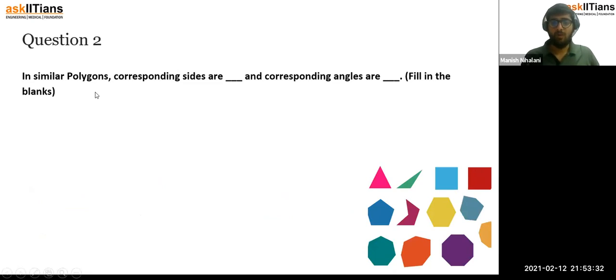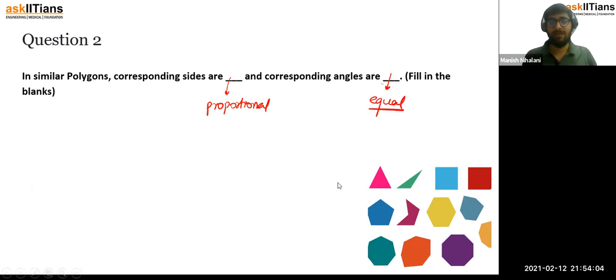Let's solve one more question. So it says in similar polygons, corresponding sides are dash and corresponding angles are dash. So it's like he's asking whether corresponding sides should always be equal or should always be in proportion. As we said, sir, you just told us corresponding sides are always in proportion, that is they are proportional, and corresponding angles are always equal.